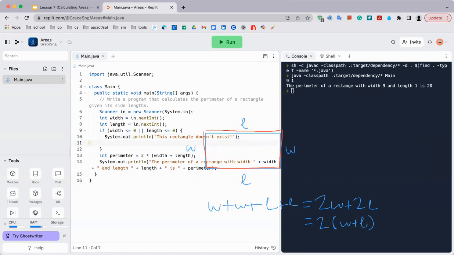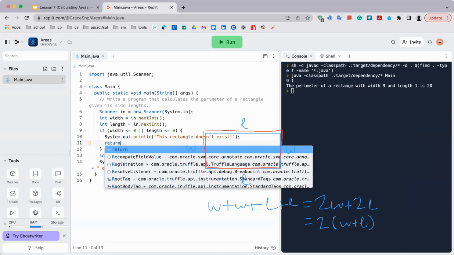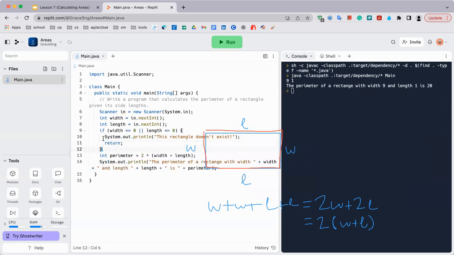And then I'm going to end this program by using a return statement. This is going to stop my entire program because I can't proceed further, right? My width and length are not correct, so there's no use going any further. So this return statement tells us stop.